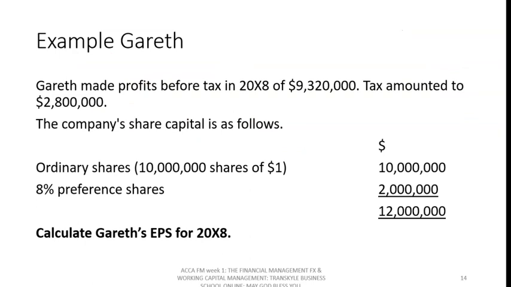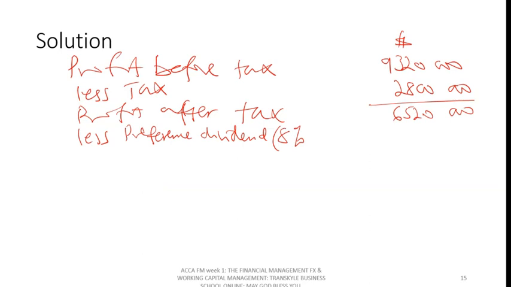This is the dividend, and 8% of 2 million gives us 160,000. And this point is actually very, very important.